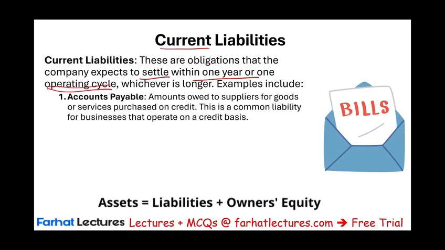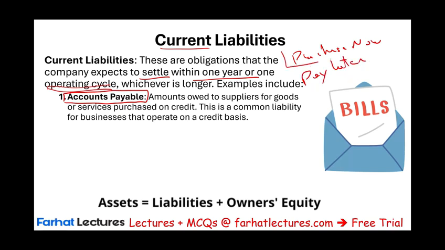Well, we have an account called accounts payable. What's accounts payable? Think about companies. How do companies operate? When you buy goods or supplies, most of the time in the real world, businesses pay later. So you purchase something now and you pay later. Most businesses, that's what they do.